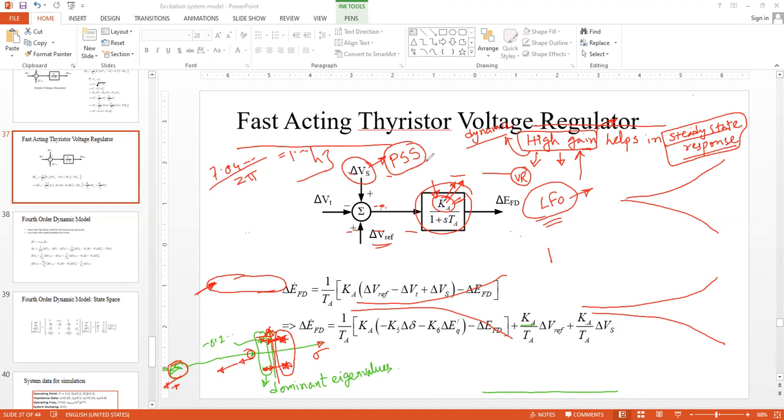So this is basically the history of the power system stabilizer, why it was introduced. They were going for high gain operation, high gain exciter, fast exciter. But they found that if we go for very high gain, it creates instability in the form of low frequency oscillation. So they introduced the concept of the power system stabilizer, which is some form of supplementary control signal.